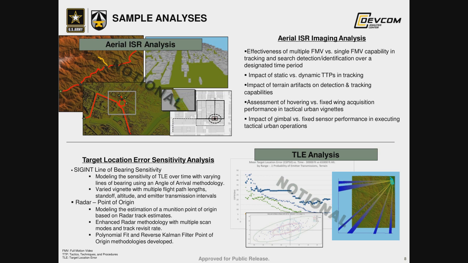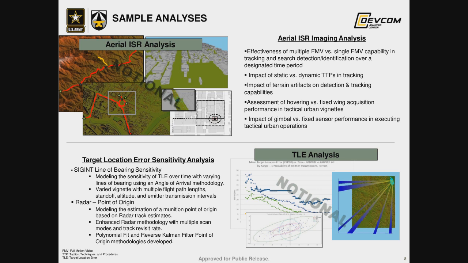So we've done things with SIGINT and different types of methodologies, say like an angle of arrival methodology, and how that's affected by the detections you're getting with a SIGINT system over time. And looking at, when you're varying the number of lines of bearing and where those lines of bearing are coming from, how does that affect your target location error?